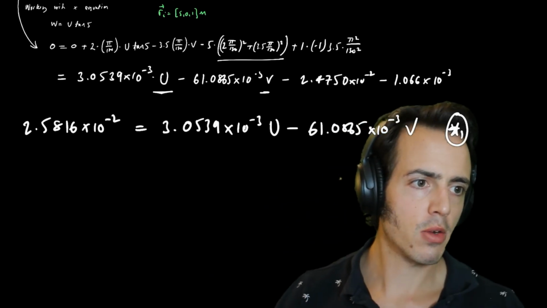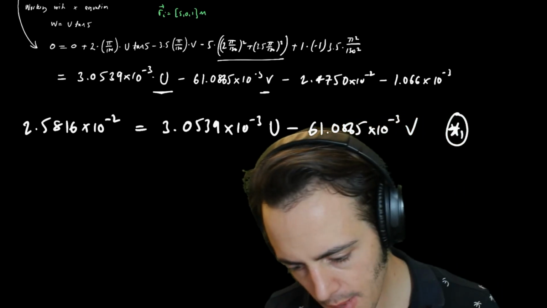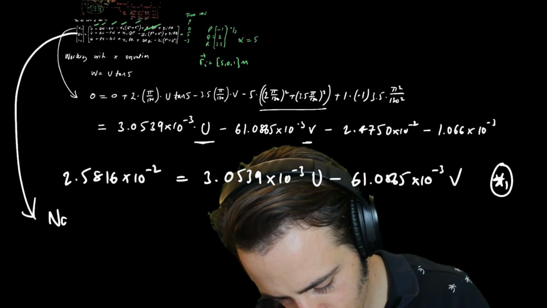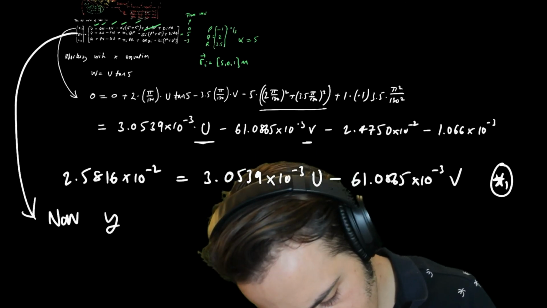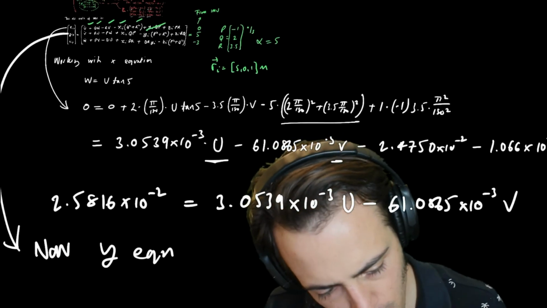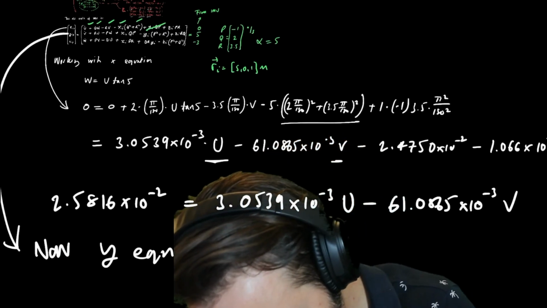Okay, let's do the second equation of motion. Let's take this one down. Let's just copy this whole thing so we can see it in big.